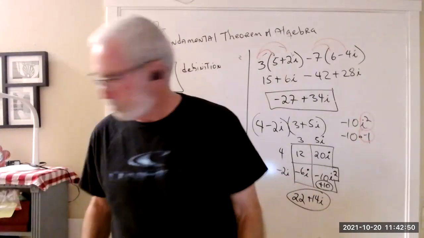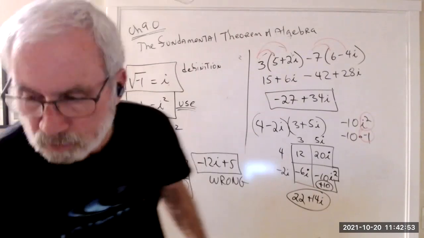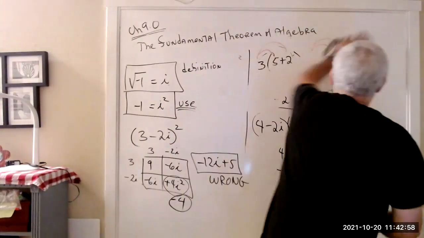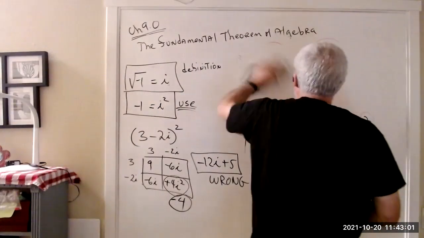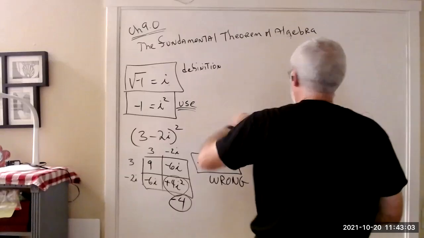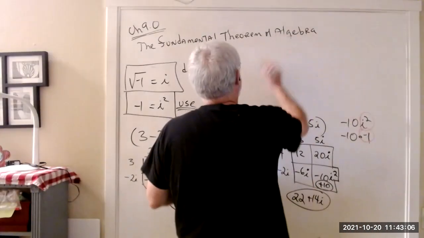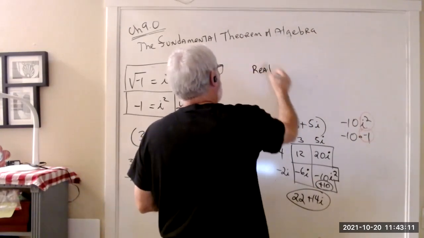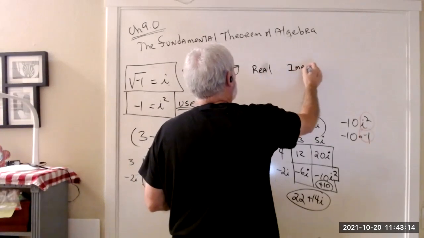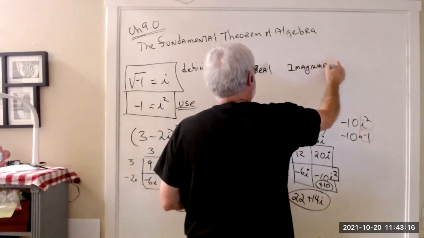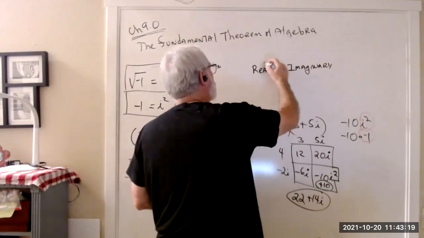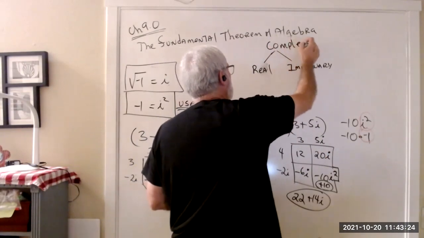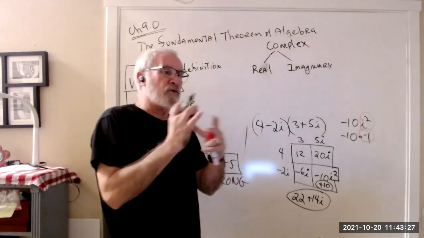Remember, I said there are the real numbers and there are the imaginary numbers. Then mathematicians invented a new word, complex, to talk about the two of them together.